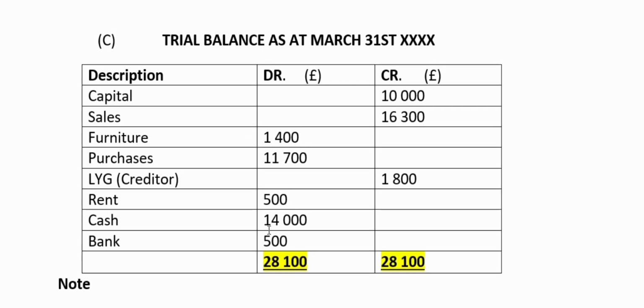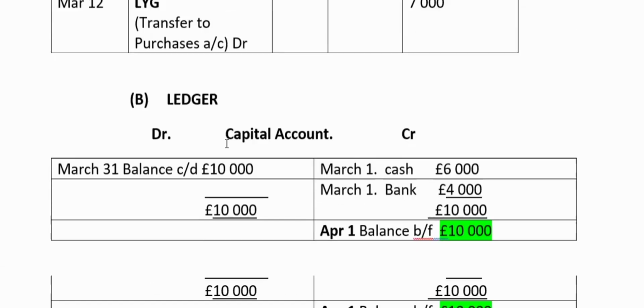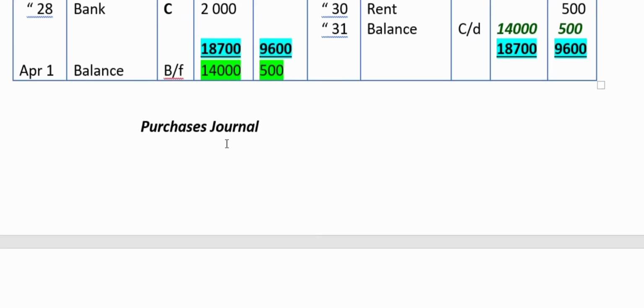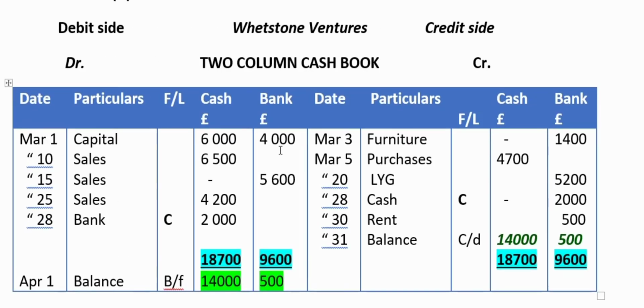We are going to see how we can use the information found in the trial balance to prepare a profit and loss account and then the balance sheet. So that is it for the cash book and the trial balance.